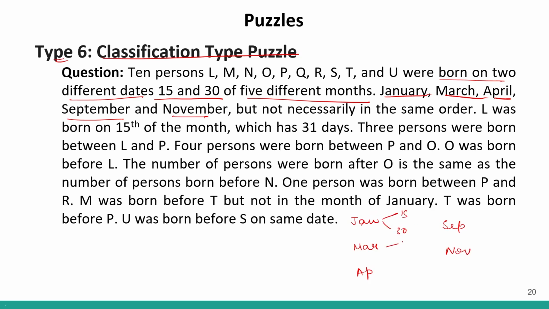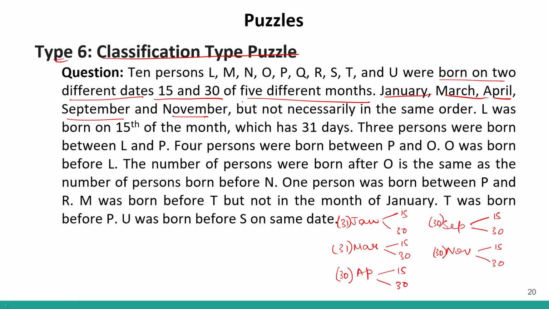So each person is born either on 15 or 30. Correct? These are your 10 dates on which these 10 people are born. Now, January is of 31 days, March is of 31 days, April is of 30 days, September is of 30 days, and November is of 30 days. So this information is also required.